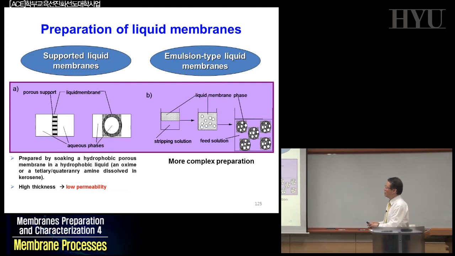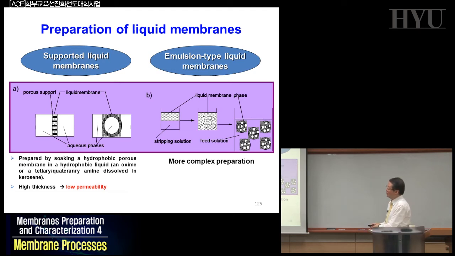And we have a lot of these SLM and ELM manuscripts submitted to JMS, I think maybe 30 to 40 manuscripts handled by myself only.